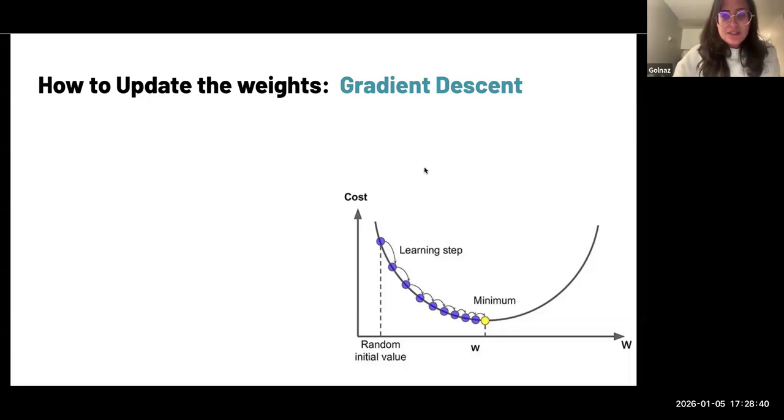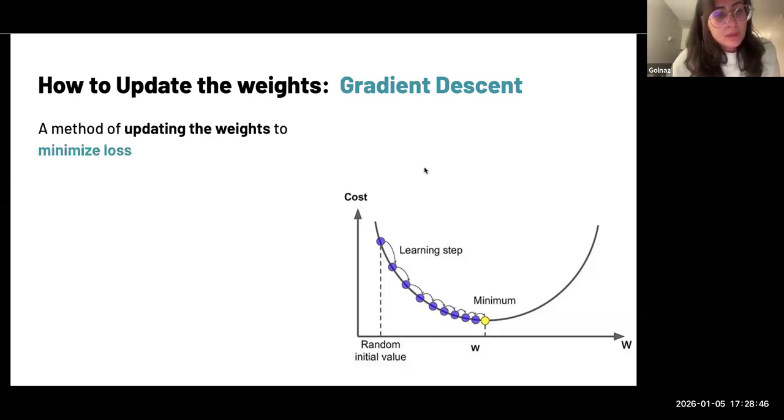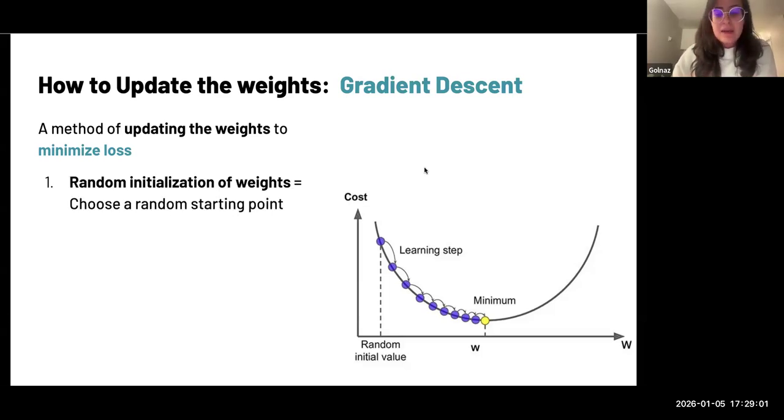And the answer, in most cases, is an algorithm called gradient descent. So gradient descent is a method for updating the weights to minimize the cost function. Because if we have the right weights, then we can say our neural network has learned, and it can find the patterns in our data set.